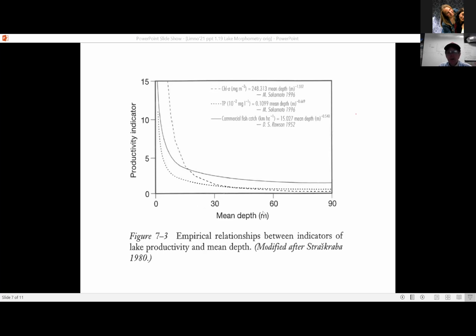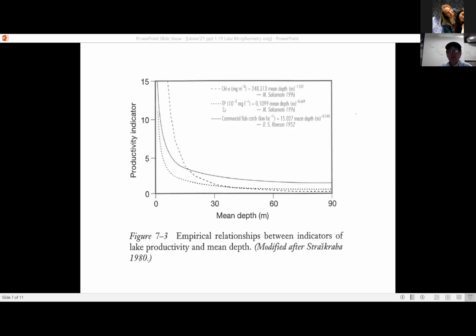On the x-axis, we have the average lake depth, and on the vertical axis, we have productivity. How much productivity? How much photosynthesis? How much production of fish per acre? How much biological production of organic matter? How much growth? There are different ways to measure that. One of these lines is chlorophyll A, which is a typical way to quickly measure how much algae is in a lake.